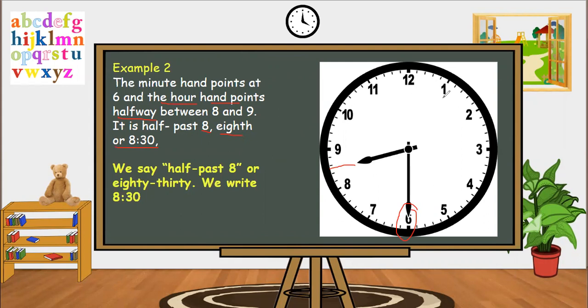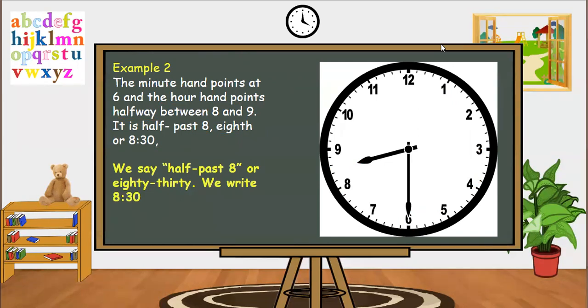Here, 5, 10, 15, 20, 25, 30. The hour hand is in between going to 9, but it's not yet 9. So it is in the 8 o'clock. That's why we say 8:30, or we can write 8, colon, and 30 minutes. Okay, that is example number 2.